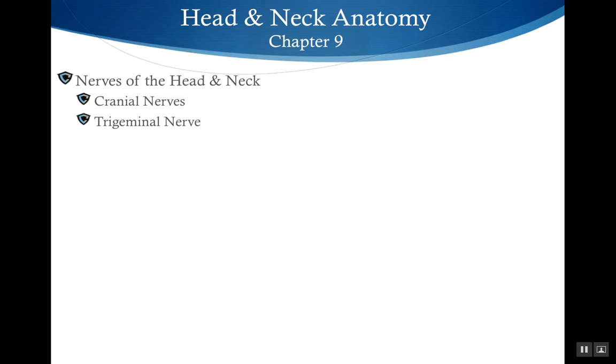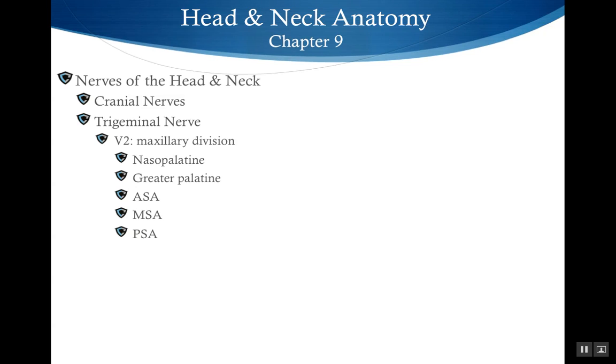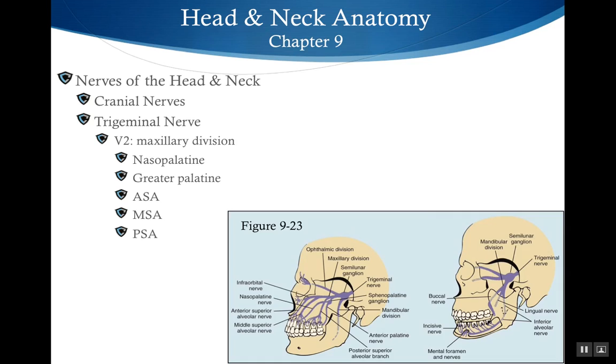It provides the majority of the innervation for the oral cavity. It's got 3 branches. V1, or the first branch, is the ophthalmic, and so we're not going to be discussing that one any further. V2 is the maxillary division, or the maxillary branch, and V3 is the mandibular branch.